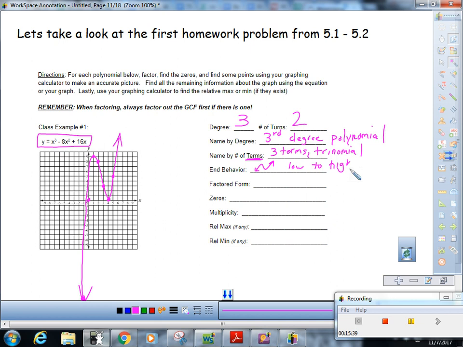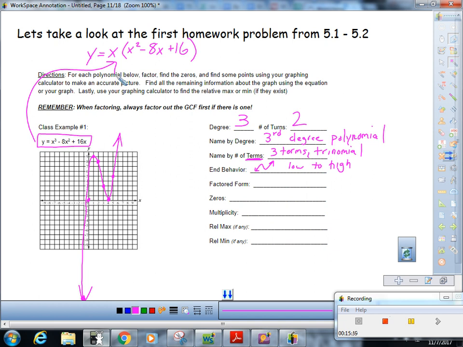Factored form. This is going to be the one that my class is going to have the hardest time with. We don't do a lot of factoring, but it's okay. Do you see how I took this and factored out an x? Can you see that?